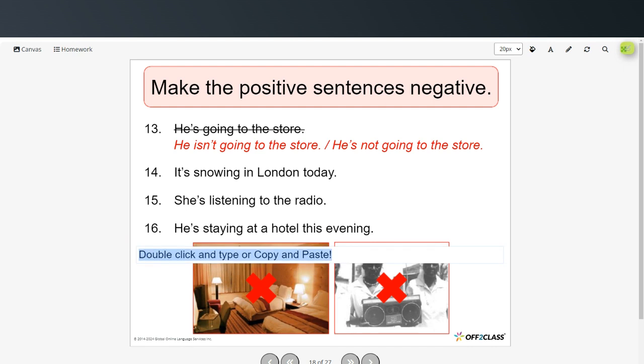Okay, it's snowing in London today. Could be it's not snowing in London today, or it isn't snowing in London today.